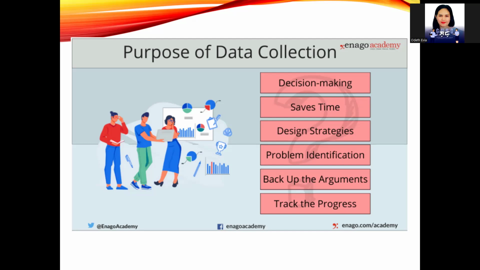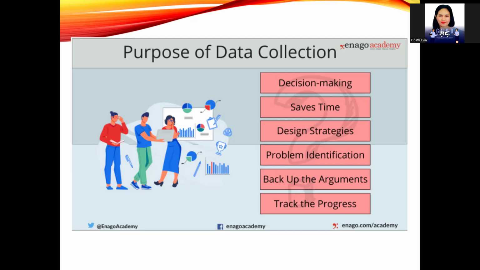Data collection can save you time. In research, a substantial amount of data can give you enough knowledge so that you can save time also in decision making or in your gathering data. Another is it can help you design strategies.